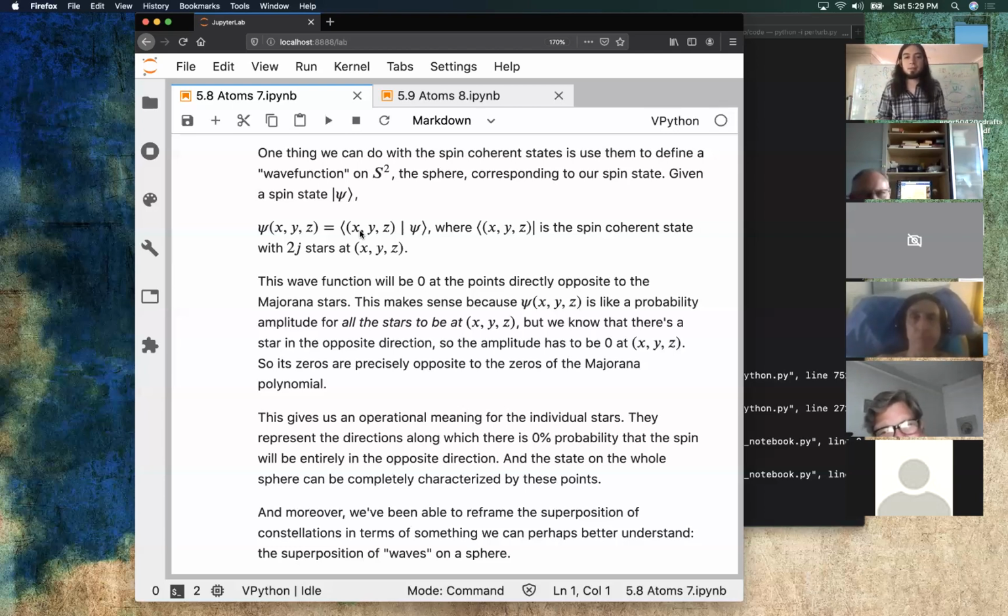Wait, Matthew, you go so fast for me. Psi is a state giving the amplitude of a measurement of the spin direction. Psi is just a spin state in the JM representation. That's right.